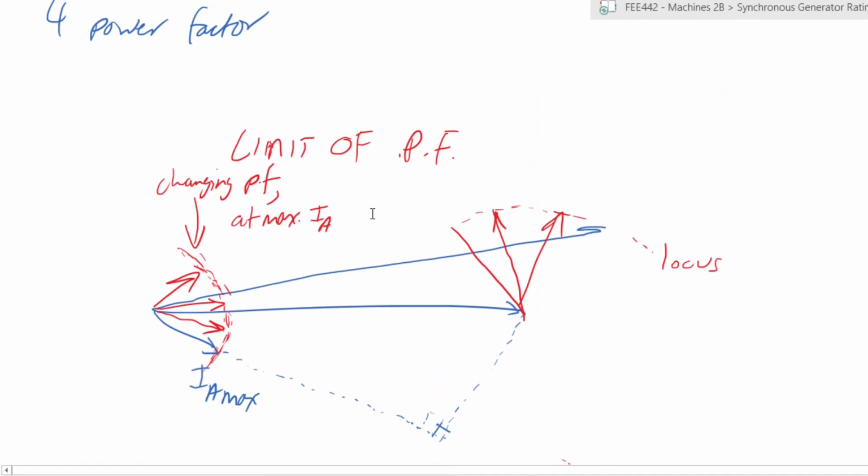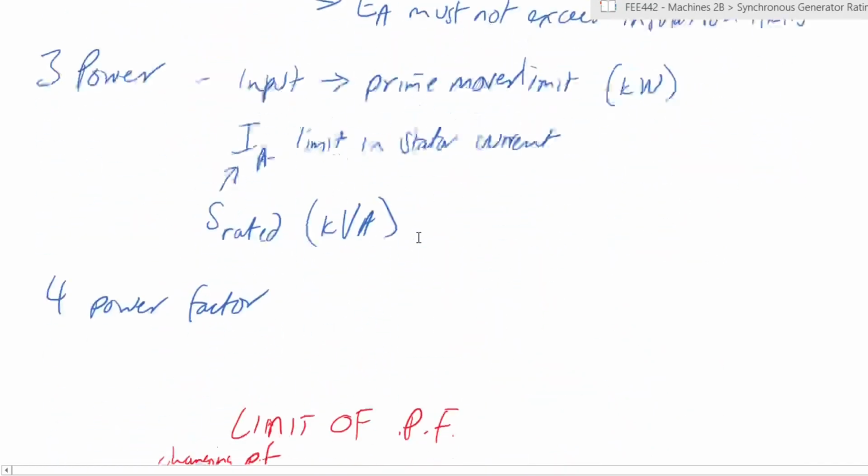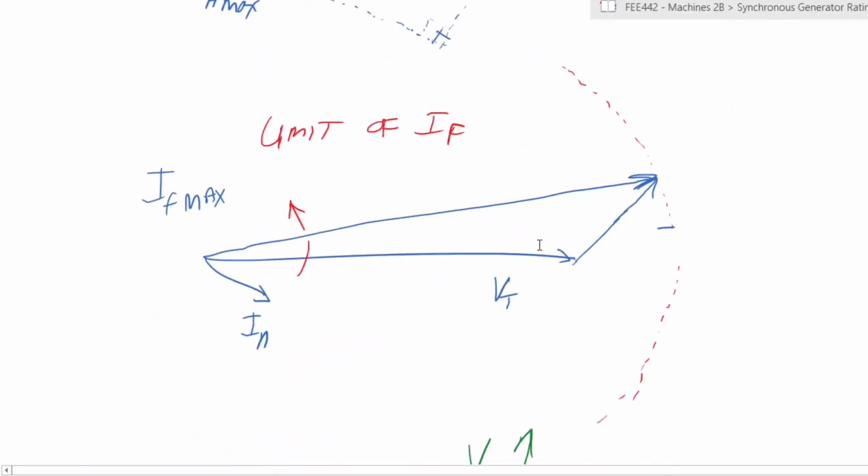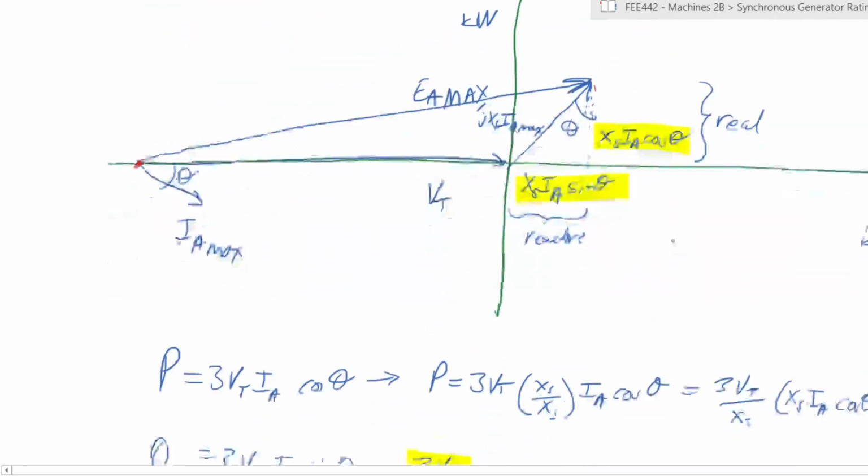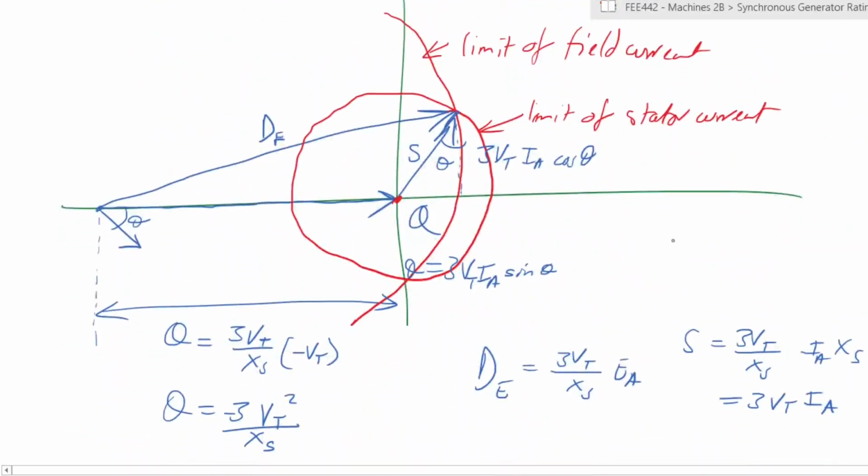So the limit of power factor, which is the limitation of IA max, and also the limit of field current, which gives you the limitation of your internal generated voltage, which was here. The locus was there. So now we have combined these two into our power diagram, and it shows us the limitations of those two. So it means our machine can only operate within this quadrant.